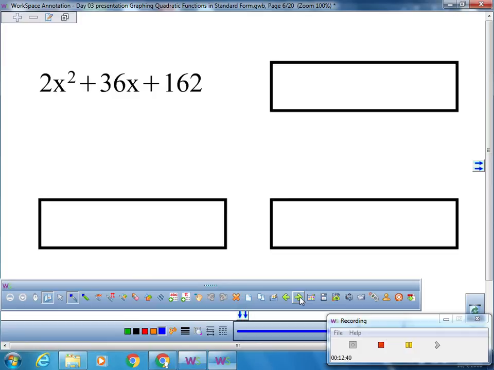There's something else you should notice. They're all divisible by 2. So couldn't I take out a 2 from everybody? So I could take a 2 out of everybody, x squared, plus what is that, 18x, and 81?